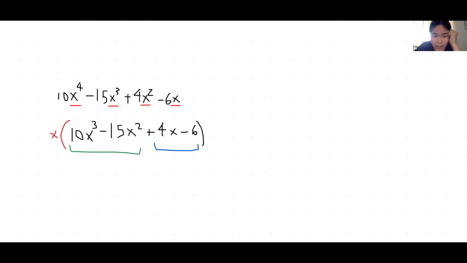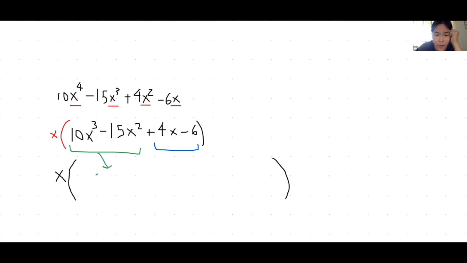But when I write my next line, I still have to keep the x out, right? And then I'm going to write bigger parentheses here. The green terms are going to be, what is the common term between 10x cubed minus 15x squared? Can everybody see that? What's in common between these two? 5. 5 for 10 and 15, yes.